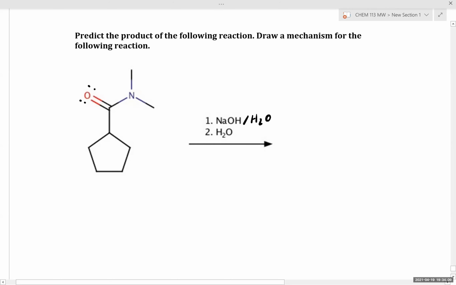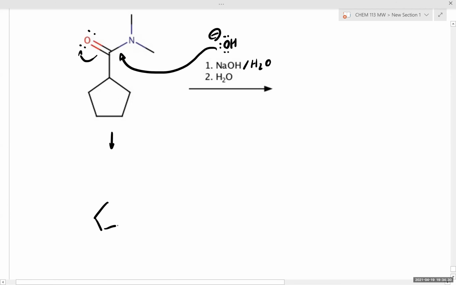Okay, so now we have our nucleophile, which is hydroxide. Do we have an electrophile that we can attack? Is there an electrophile that we can go after? The amide carbonyl carbon. Yep. Okay. Now, we're going to make a tetrahedral intermediate, and we're going to notice our first problem. It's not a problem that can't be solved, but it's a first problem that we need to acknowledge.